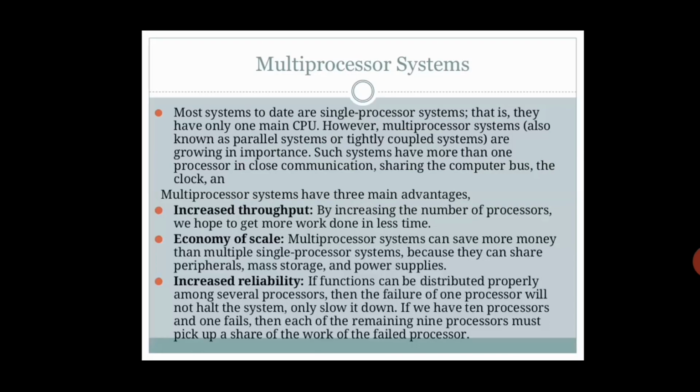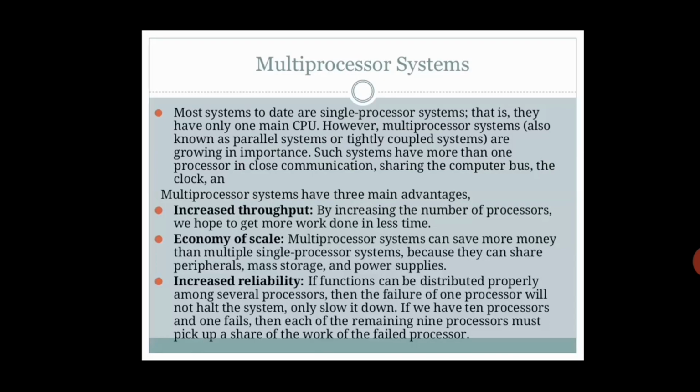Next point is increased reliability. If functions can be distributed properly among several processors, then the failure of one processor will not halt the system, it will only slow down, isn't it? So if there are 10 hands and one hand is stuck in some particular work, that means the rest of the 9 will continue that work, isn't it? So obviously it will never halt the ongoing process, but it may slow down.